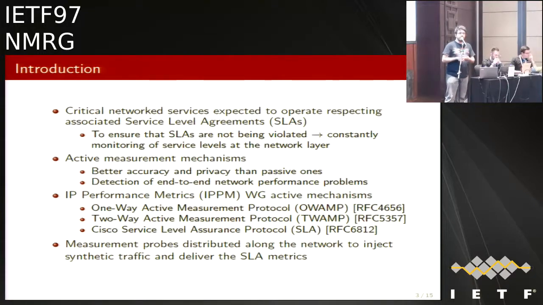We can use active or passive measurement mechanisms, and considering SLA violations, active measurement mechanisms have better accuracy and privacy than passive ones, and they are also able to detect network performance problems in an end-to-end fashion.